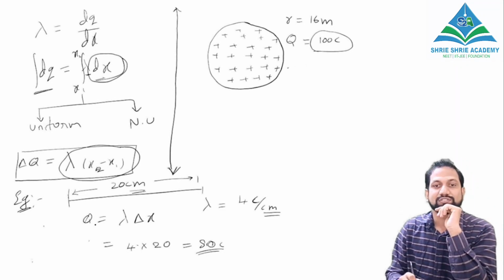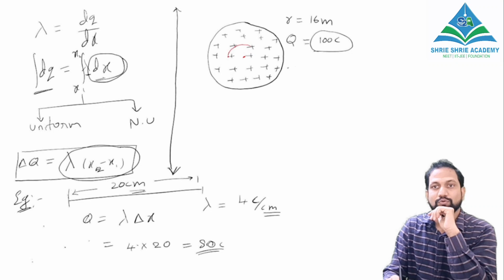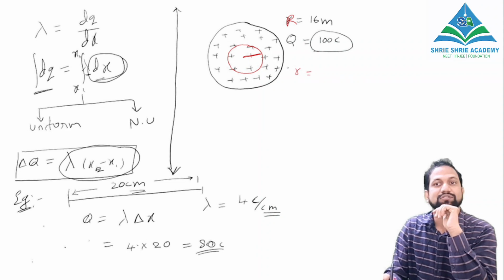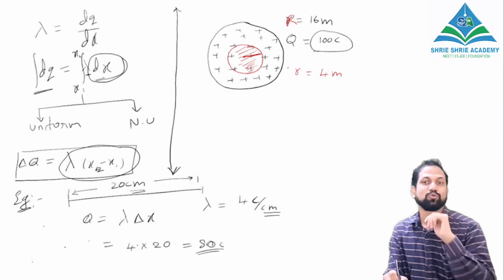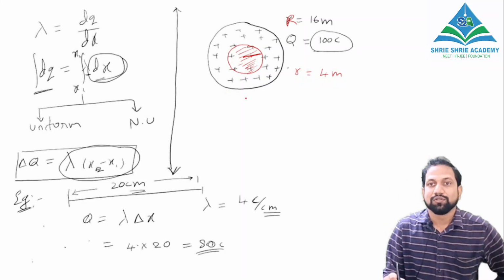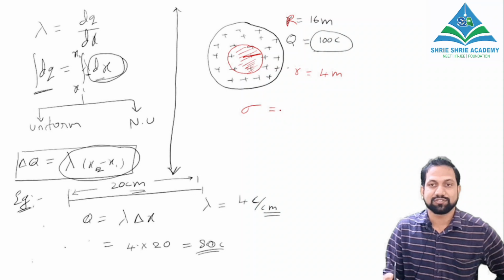Now just remove one part of the disc, from the center: remove a circle whose radius, the small r, say this is capital R, the small r is 4 meters. This hole has been drilled, removed. Then how much charge has been removed from the total system? We define sigma, which is constant. Sigma equals total charge by total area.